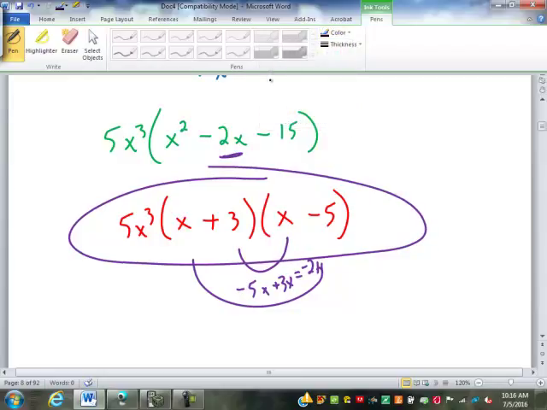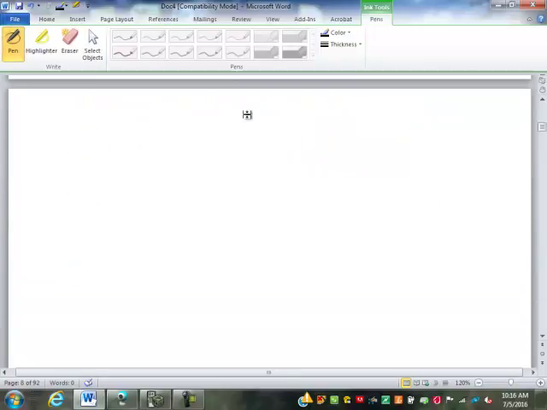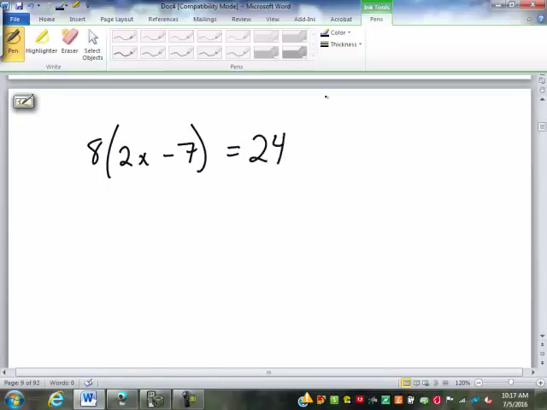But we're going to shift gears a little bit, and we're going to start looking at things like this. Of course, you recognize this symbol right here is the equal sign.